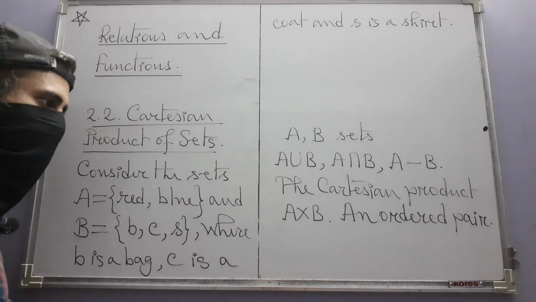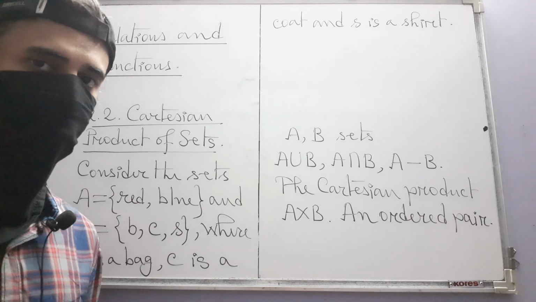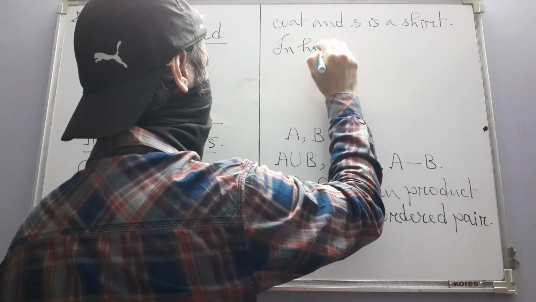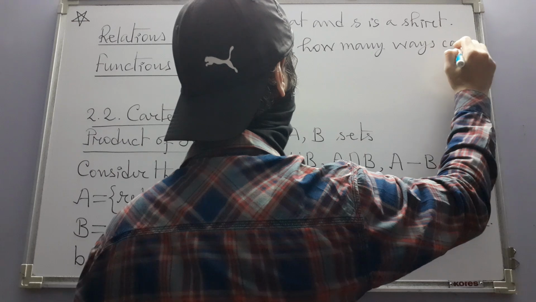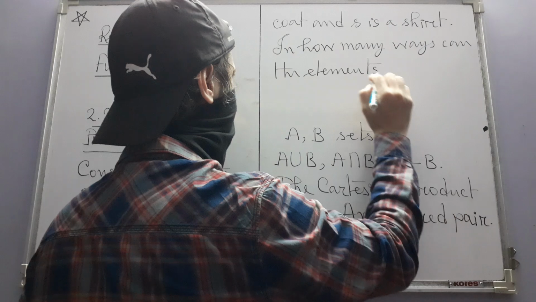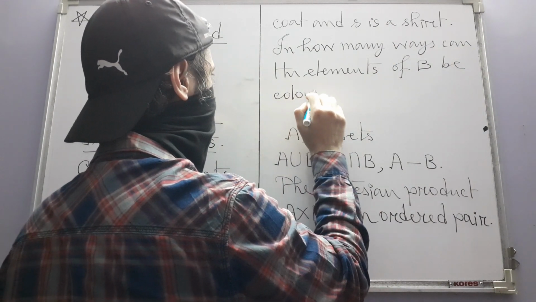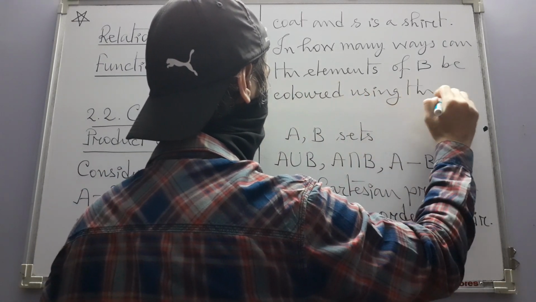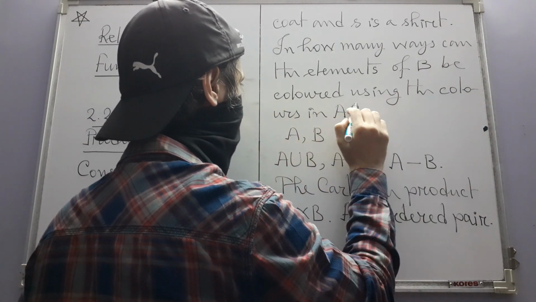Now the question is, in how many ways can we color the objects, the elements in B, using these two colors? In how many ways can the elements of B be colored using the colors in A?